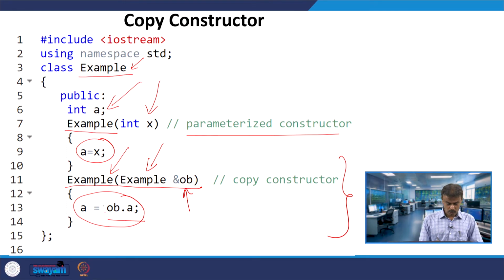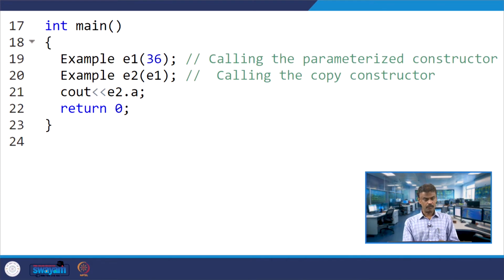So, here you go, your class is over here, line number 15, your class is getting over. Now this is the usual one, when you are creating the object E1 by passing the value 36. What is exactly happening in line number 19? You are calling the parameterized constructor, creating an object E1 and passing the value 36.